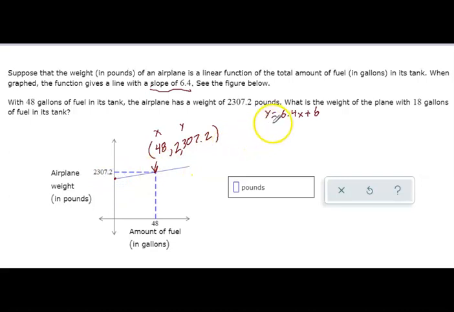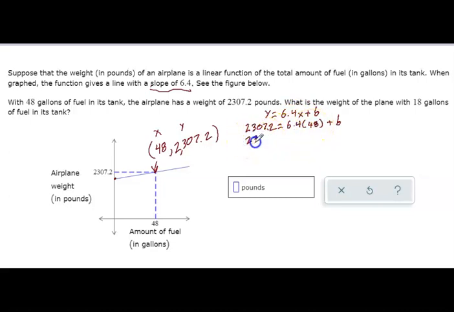All right, so let's go ahead and plug in the point that we know lies on the line. When y is 2,307.2, we know that our x value is going to be 48. Bring down the plus b here. Now let's solve for b, our y-intercept. So let's multiply 6.4 by 48 first.